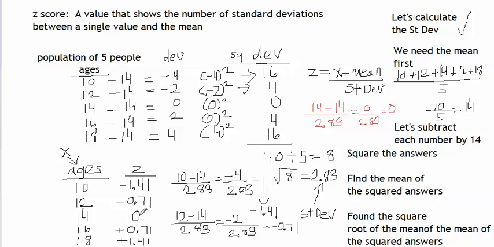This would be a 0. This would be a 1. This would be a 2. Because that's the multiples of 2. Like if we had 10, 12, 14, 16, and 18, if the standard deviation was just 2 and not 2.83, this is 2, right?